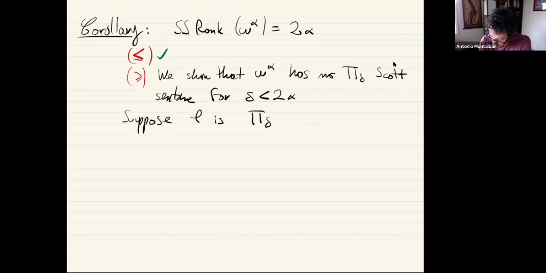So delta is below 2 alpha, which implies that for some beta strictly below alpha, we know that delta is less than or equal to 2 beta plus 1, correct? Because this one is below 2 alpha.